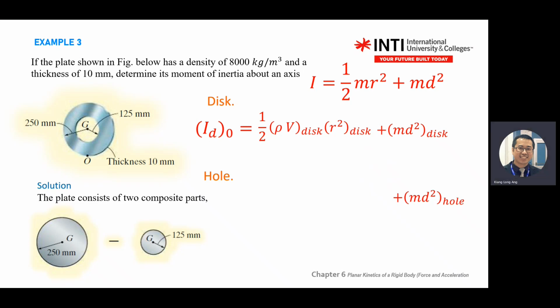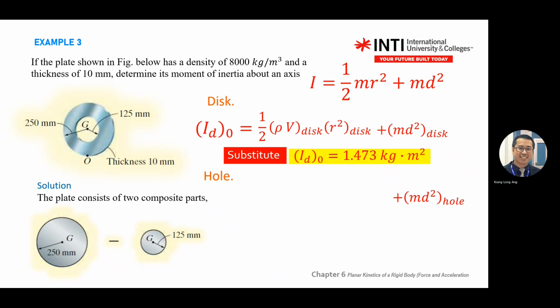Density times volume. You can find volume, right? How to find volume? Pi r square times the thickness. All right.